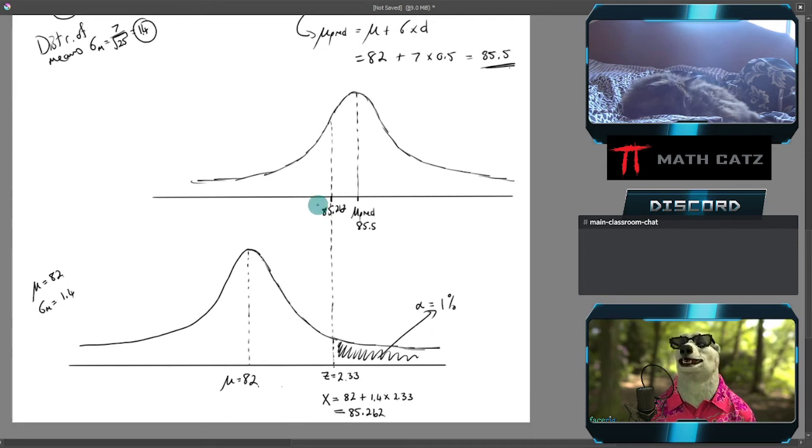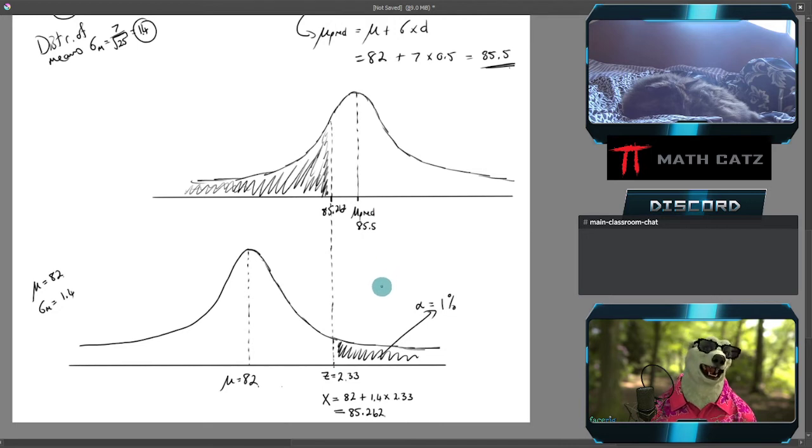I am going to not reject the null hypothesis whenever I get a raw score left of 85.26. So my probability, my chances of that happening, is based on the actual distribution, which is this top one, not the bottom one.